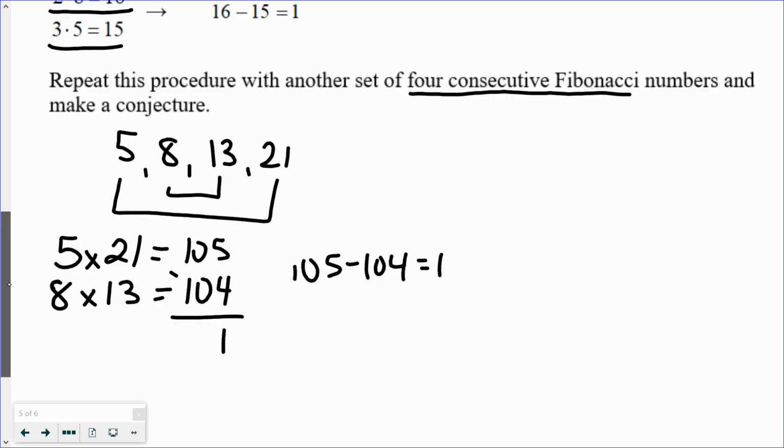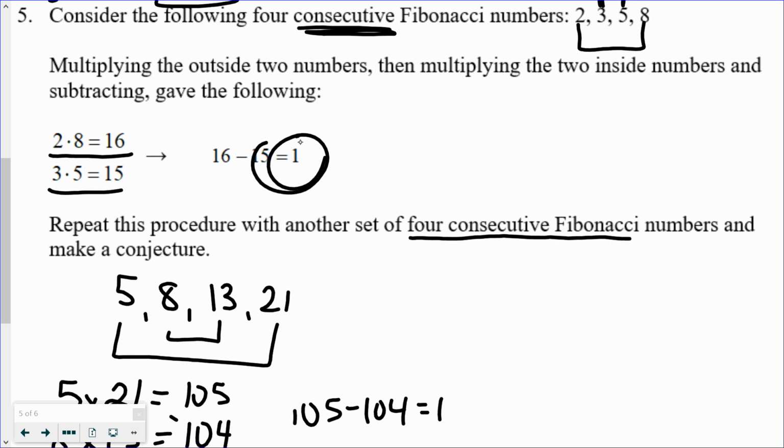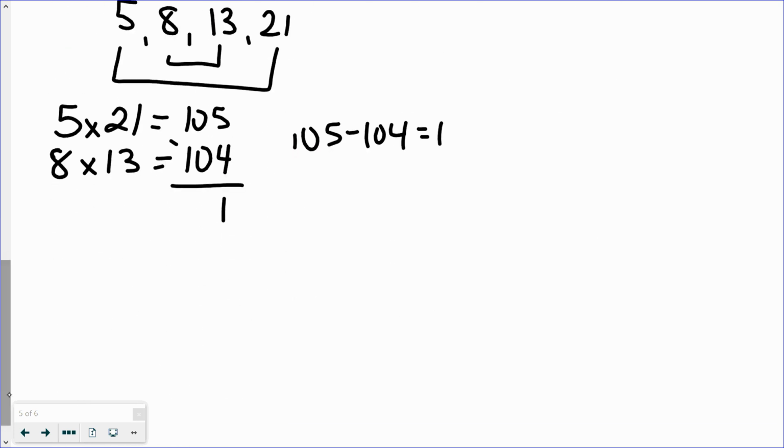Okay, so I see that I got the same thing here, right? If I took the product of the first and the last and subtracted the product of the two inside ones, I got an answer equal to 1.